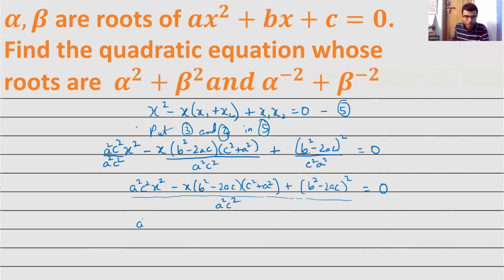So hence a square c square x square minus x into b square minus 2ac into c square plus a square, plus b square minus 2ac whole square is equal to 0. So that's it. This was a bit lengthy, but with practice you will feel it to be easy.